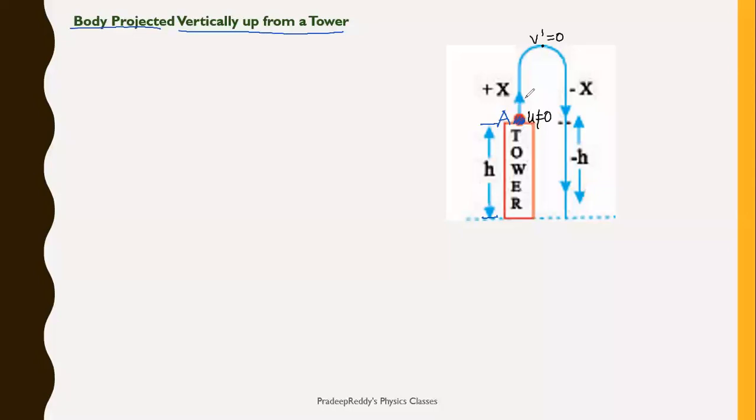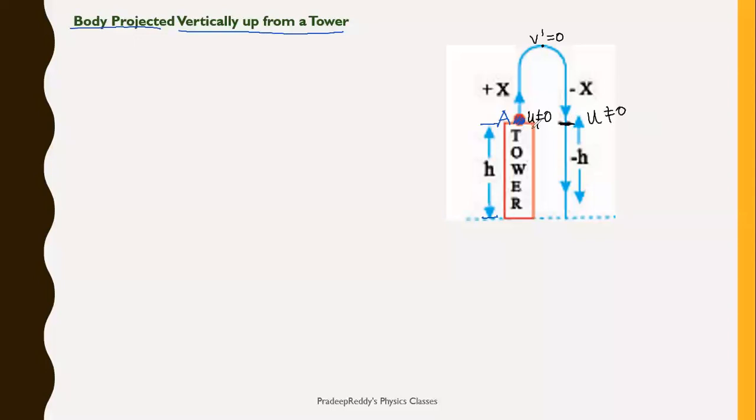Then it falls down freely, and when it is coming down, it meets the same position A. At this position, it has the same velocity again, u, which is not equal to 0.